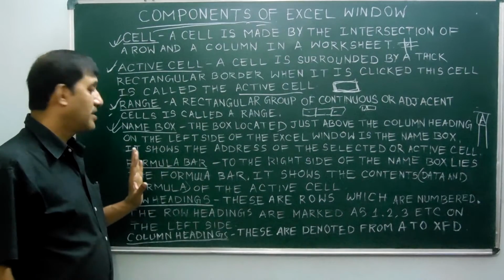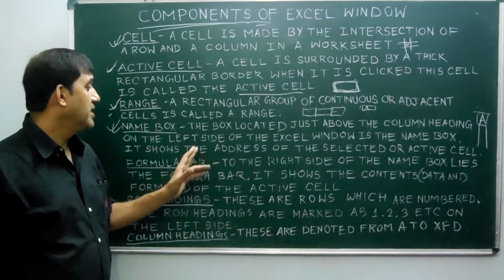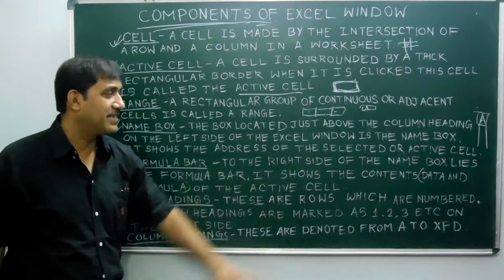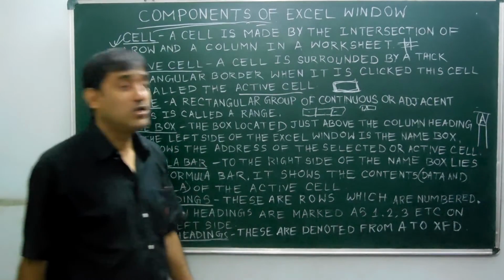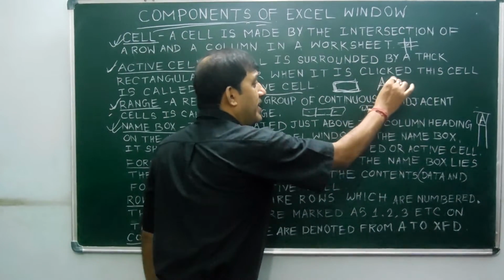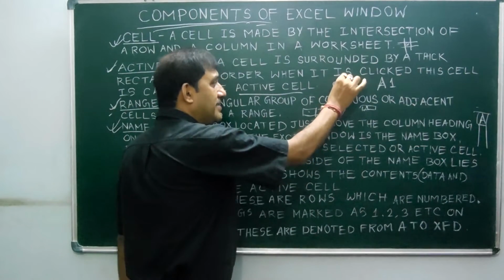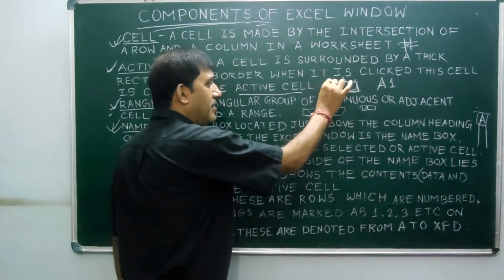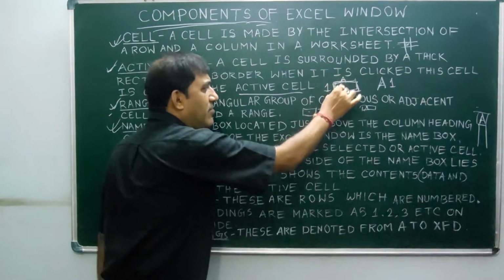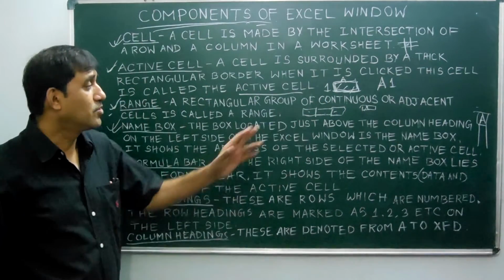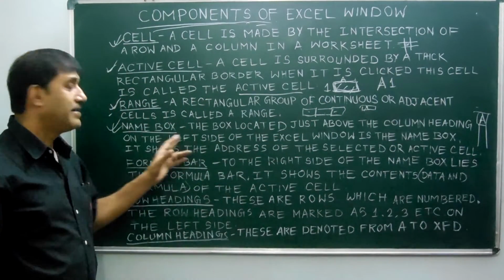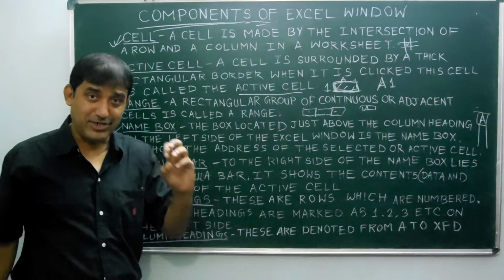It shows the address of the selected or active cell. Suppose your cell is A1. A1 means column A and row number 1, the first cell. That address will be in the name box.